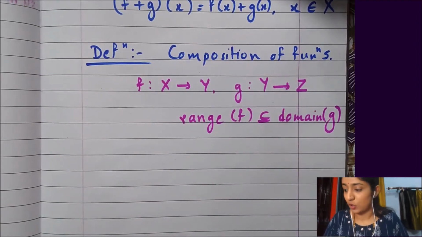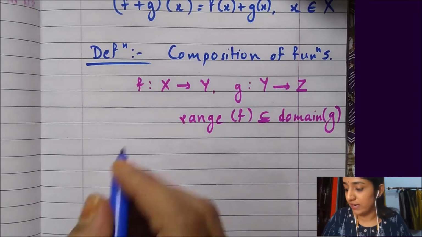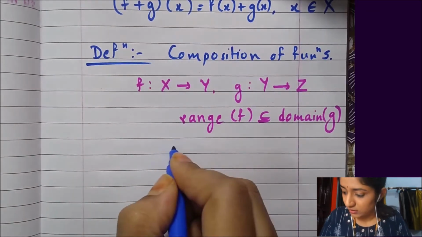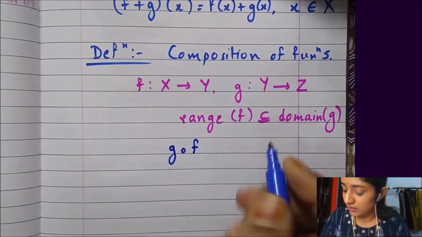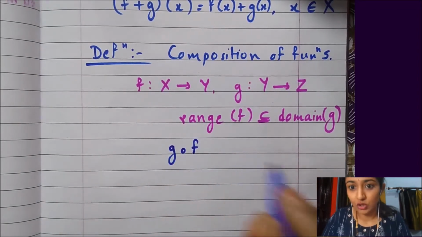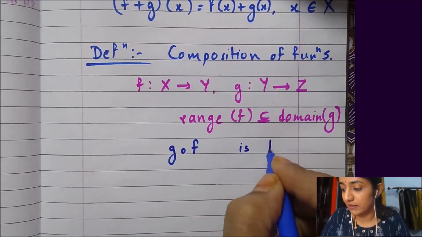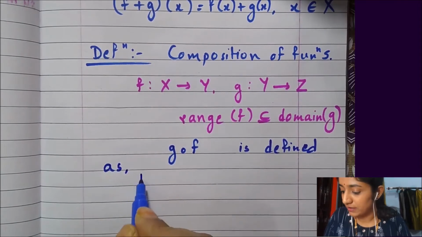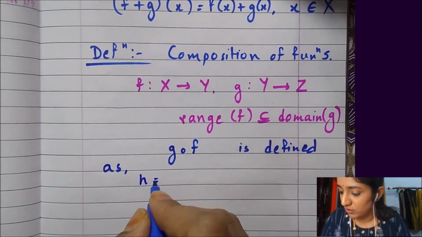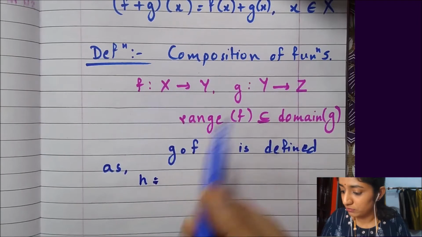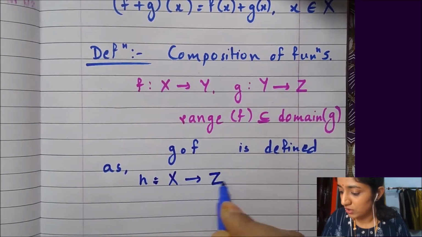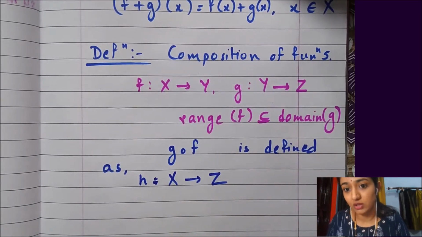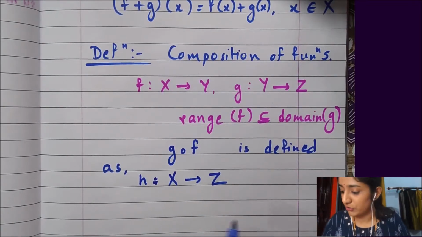Then we can define the composition, and the composition is defined like this. The composition g circle f, or g composite f, is defined as something h. h will be a function now from X to Z. So this domain and this codomain are now combining because of the so-called multiplication, or let's say composition, right?